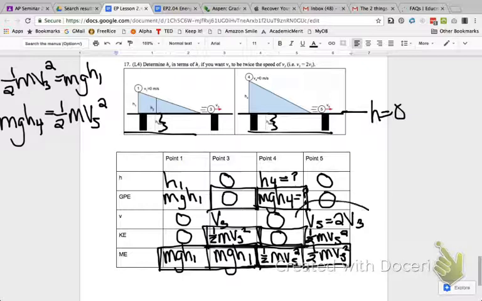So now I'm going to have to use this information over here, that V5 equals 2V3, to replace this V5 in this equation because I have too many unknowns.